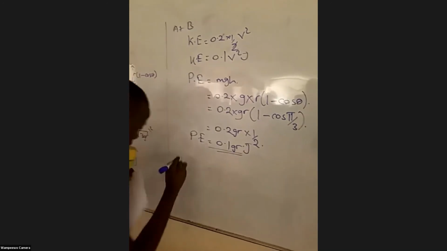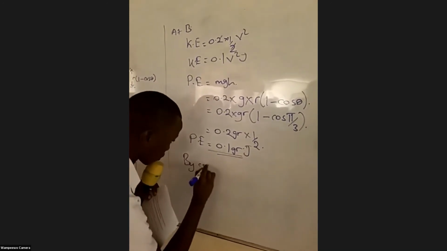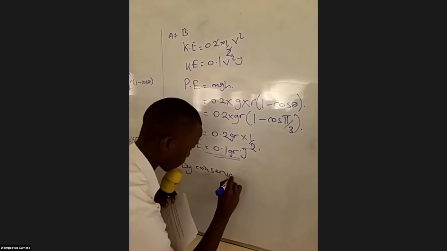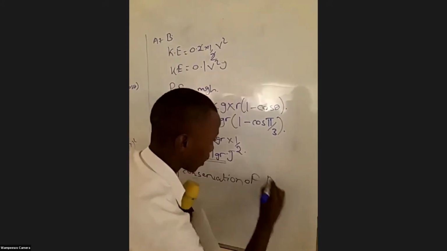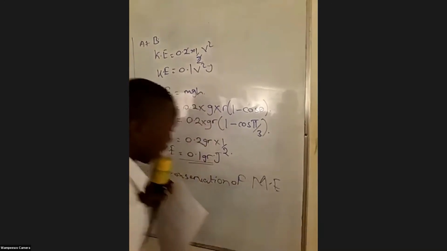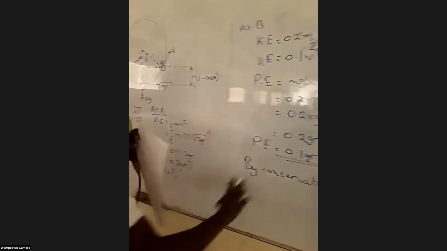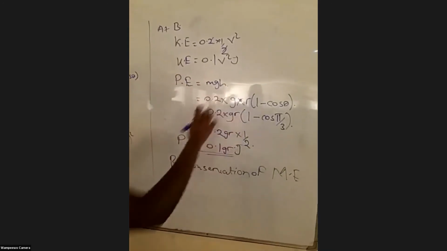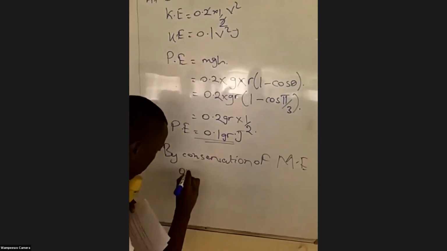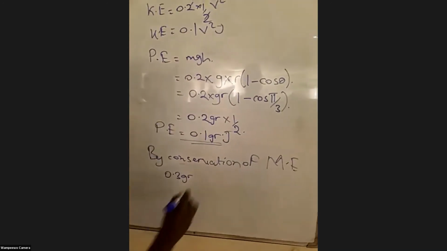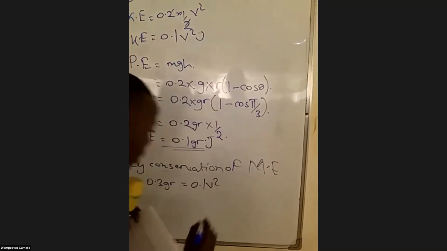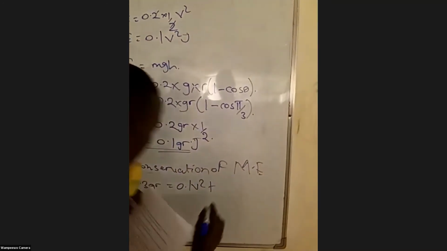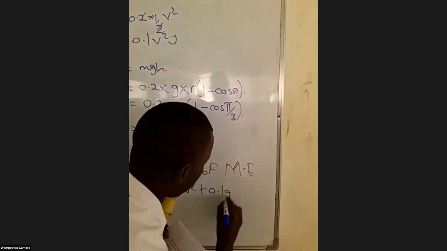So by conservation of mechanical energy, the total mechanical energy at A is equal to the total mechanical energy at B, which is given by 0.3gr equal to 0.1v squared plus 0.1gr.